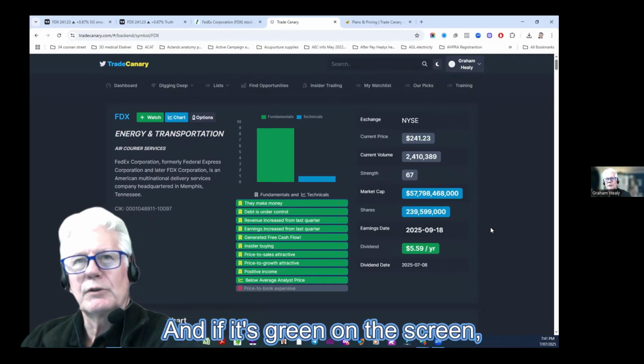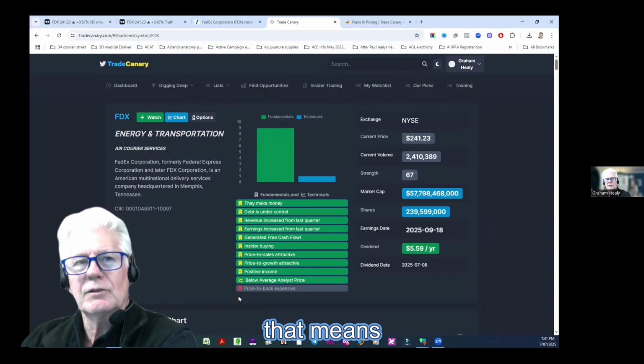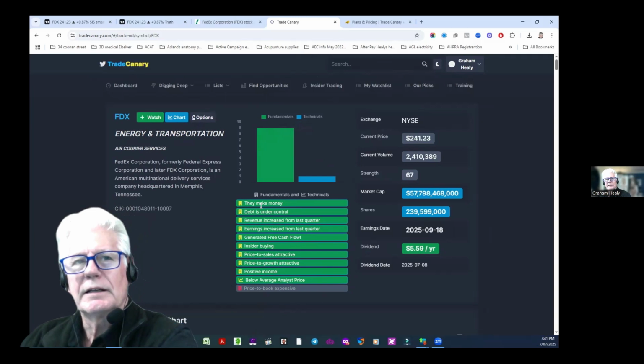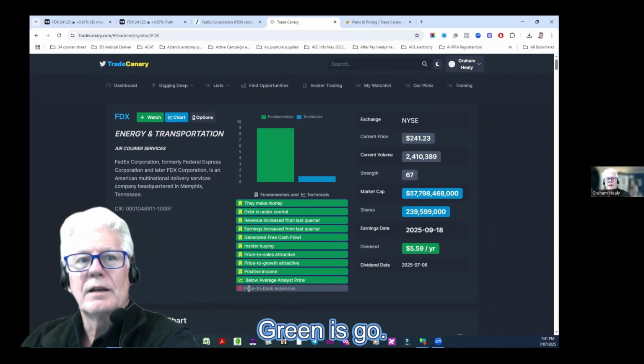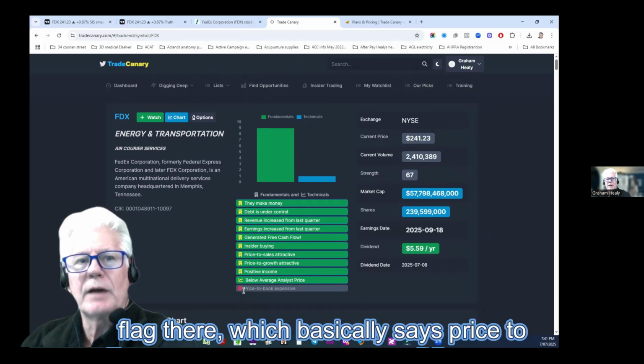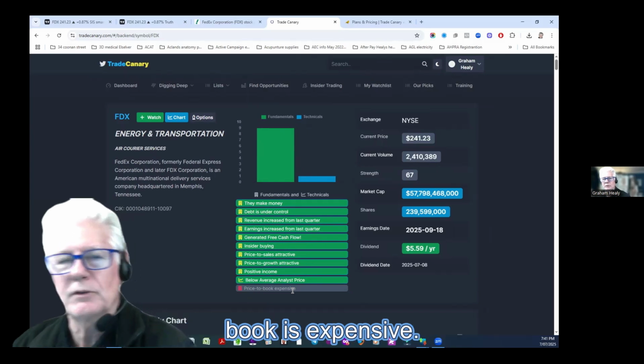If it's green on the screen, that means that the parameters or the executive summary of that company is all go, go, go, go. Green is go. You've got one small red flag there, which basically says price to book is expensive.